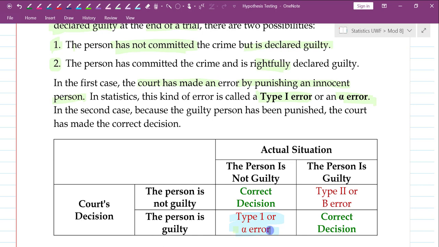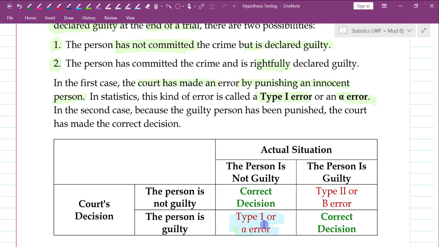That is the exact same thing here with our type 1 error or our alpha error. That would be saying that we do not want to falsely accuse the soda company of putting in less than 12 ounces of soda in their cans.